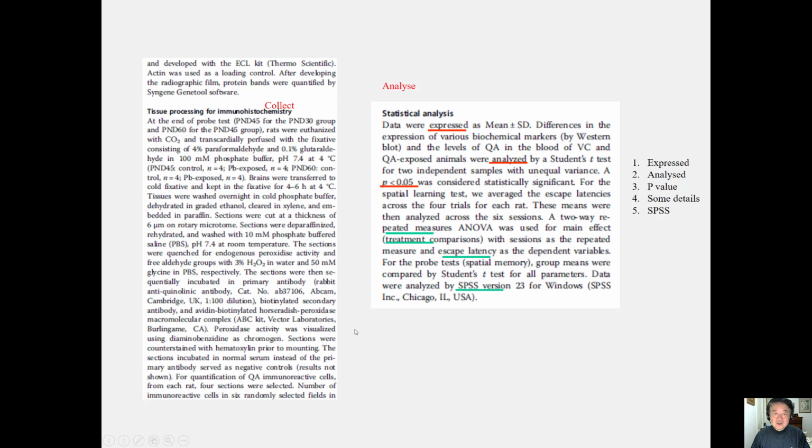So finally, they described the procedure to analyze the data. Firstly, the data were expressed as mean plus or minus standard deviation. Then they used the t-test because they wanted to compare two groups, the Student t-test or independent t-test.